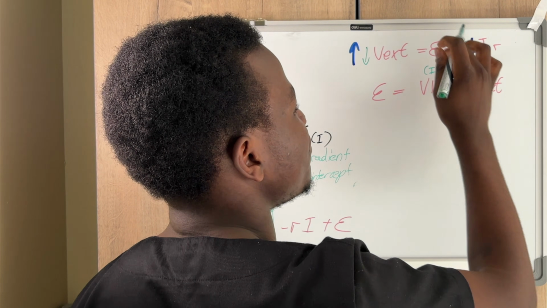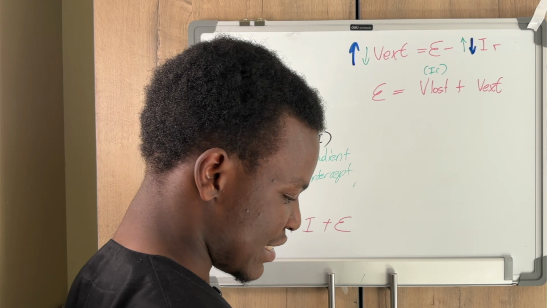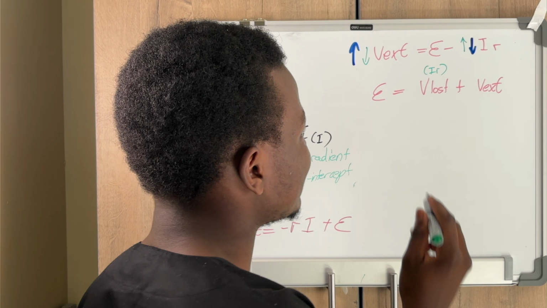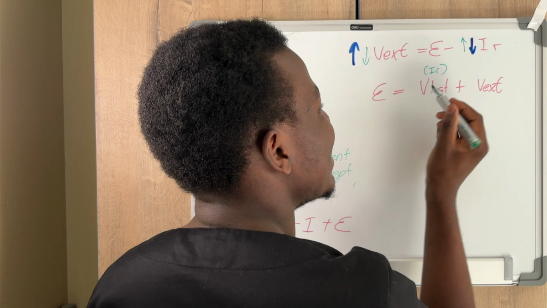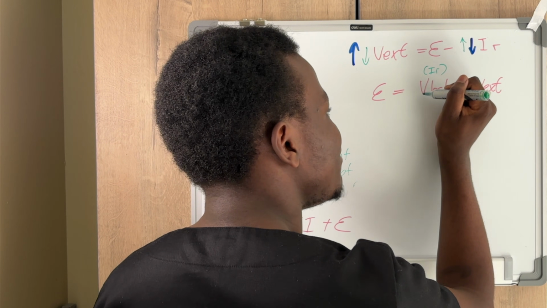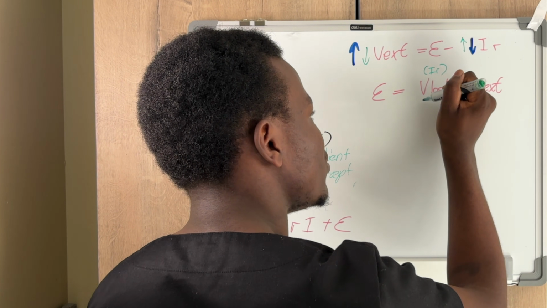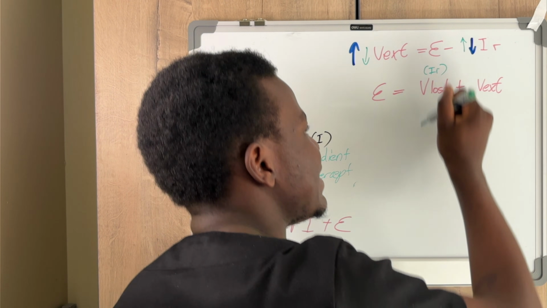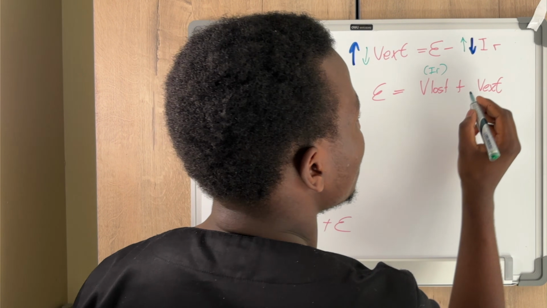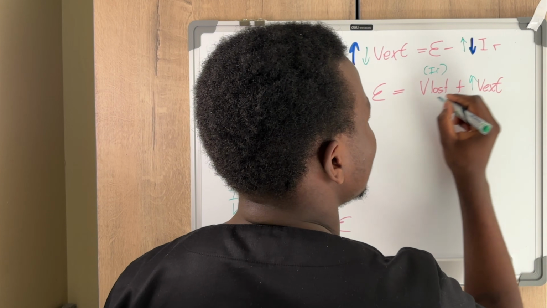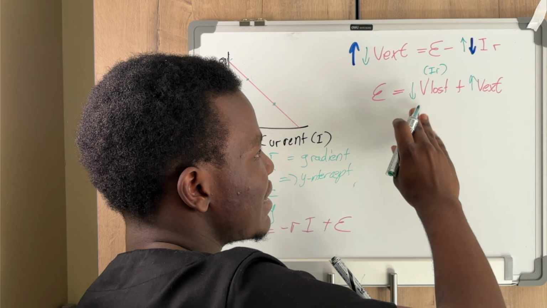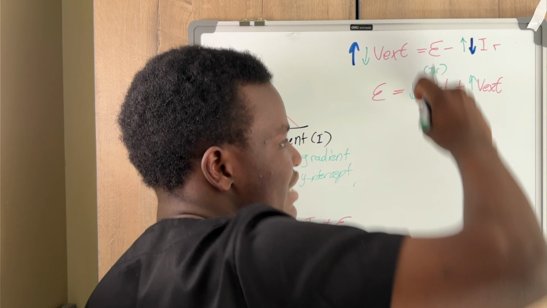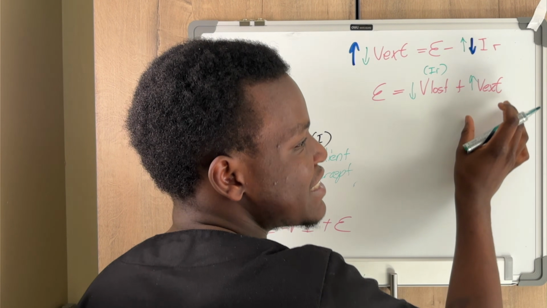This is our V lost. So let's take it like this. When current increases, the V lost is going to increase. Therefore, V external decreases. So if the current decreases, the V lost is going to decrease. Therefore, V external will increase.